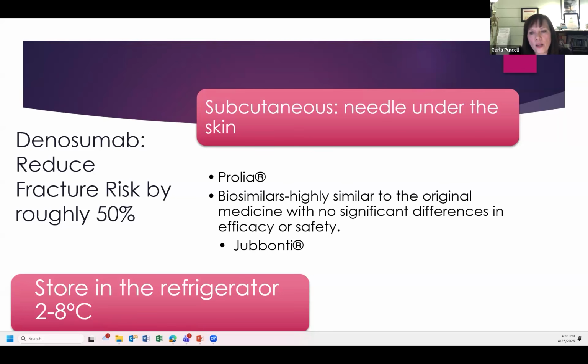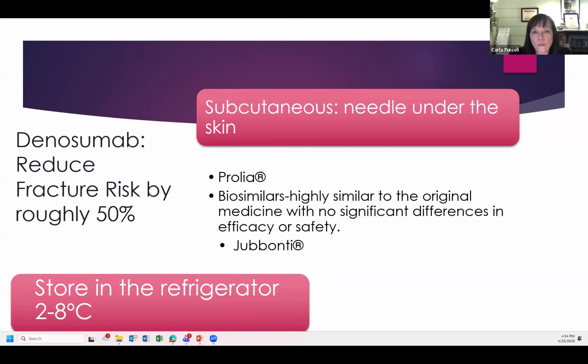They are all very well tested before they come to market. So right now in Canada, Jubbonti is probably the most commonly used biosimilar medication. In Nova Scotia, where I am, it is anyway. There are different ones coming onto the market and already on the market as well.